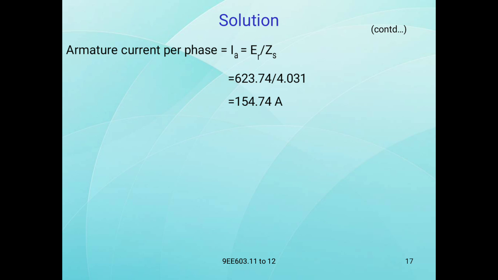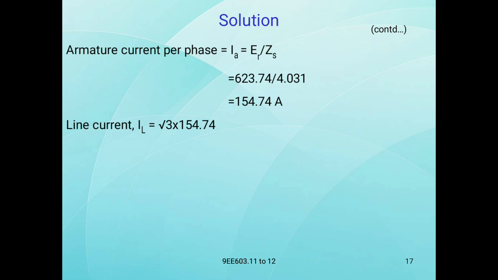So now armature current IA is equal to ER by ZS, that is equal to 623.74 by 4.031, which is 154.74 amps. So line current IL is equal to root 3 into 154.74.